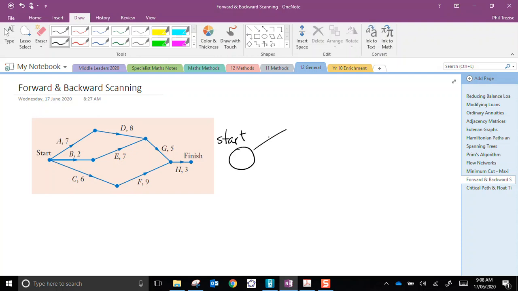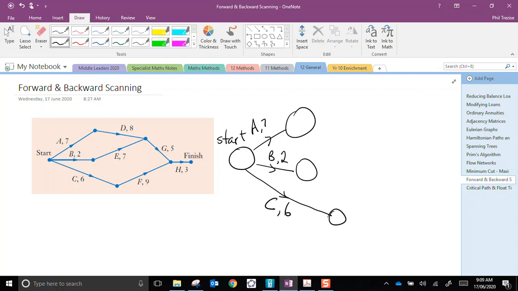And then we would have activity A, which takes 7 units of time, say 7 minutes. That's a vertex. Then there's another vertex here. This is activity B, which is 2, and then there's another vertex down here somewhere. And this is C, which is 6.